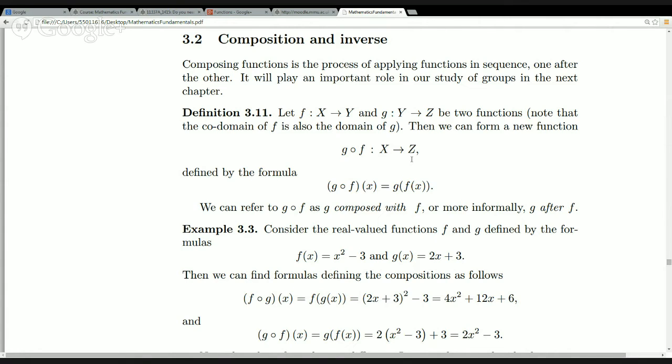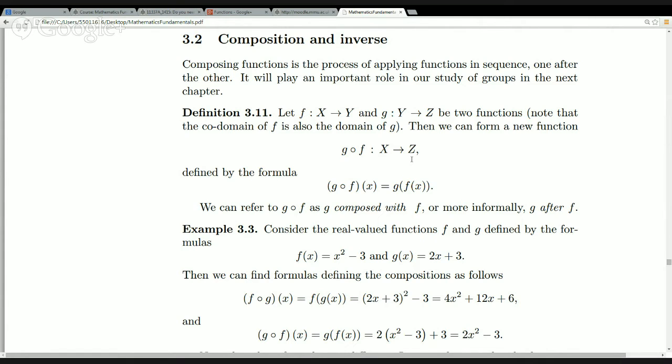So that's a function that takes inputs x and produces outputs which are g after f applied to an element x, and they're defined like this. So these are the two ways to visually imagine what composition is, and it can help you straighten it out.